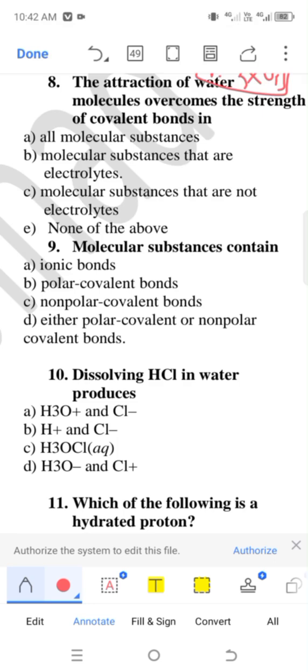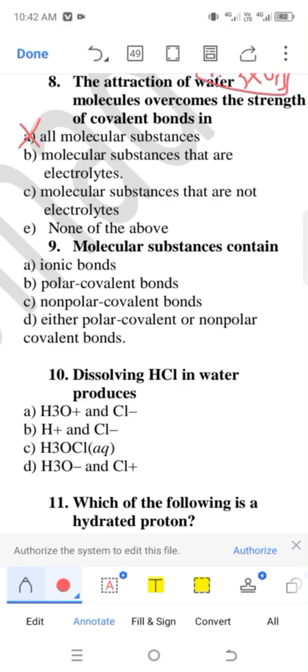in the molecular compounds which ionize, which form ions, because whenever such a molecular compound exists, they undergo ionization and form ions. Not all molecular substances undergo ionization.